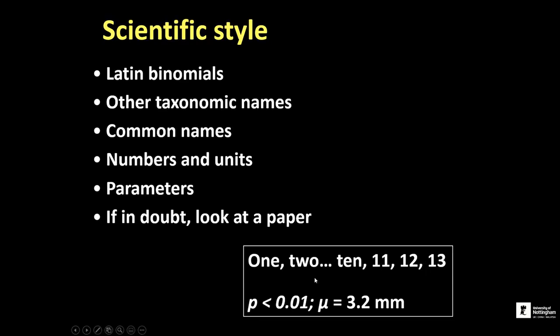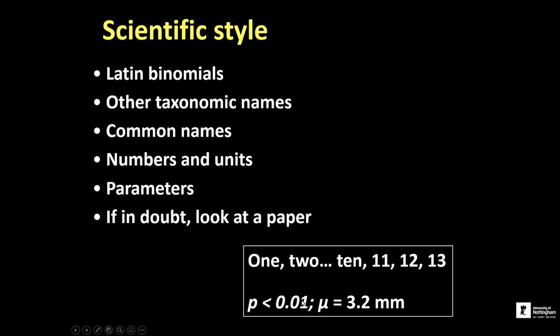Another thing worth knowing is if you're writing down parameters like this, like a p-value in statistics, or mu, which could mean the mean of something, for example, there's a couple of things to bear in mind. Typically those parameters are italicized, so we would normally italicize them. You'd normally put a space between a parameter and an operator, like an equal sign or a less than sign, and another space again on the other side before you put the number.